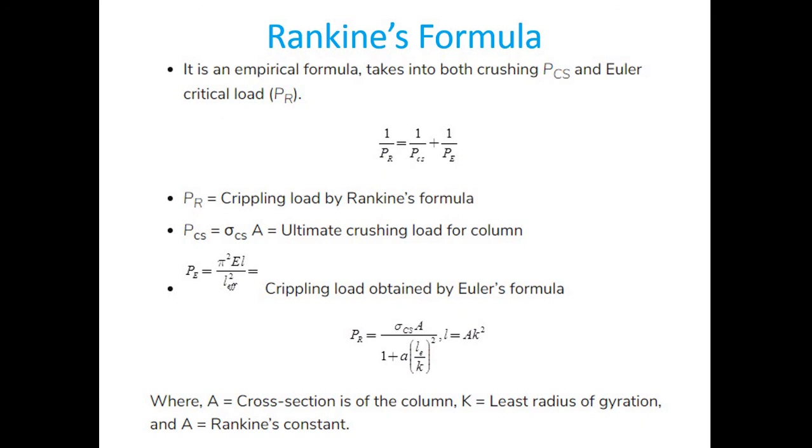Sigma Cs into A, which is equal to PCS, is the ultimate crushing load for the column, and PE is the crippling load obtained by Euler's formula. The other parameters are A equal to cross section of the column, K equal to least radius of gyration, and a equal to Rankine's constant. So using Rankine's formula, we can find out the crippling load for short and intermediate columns. So the limitation of Euler's formula can be overcome by using Rankine's formula.